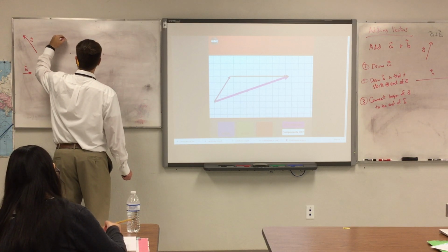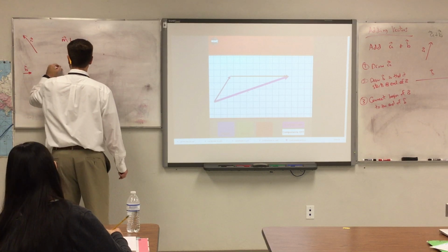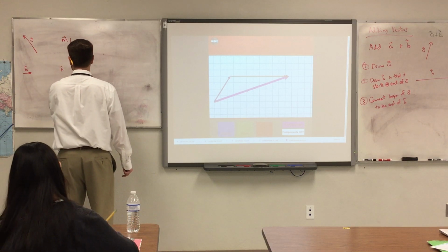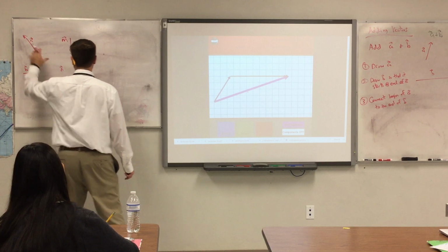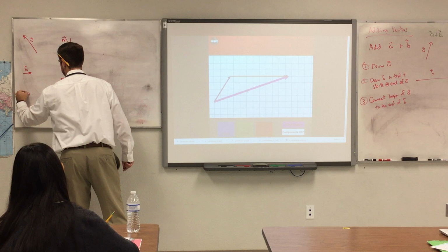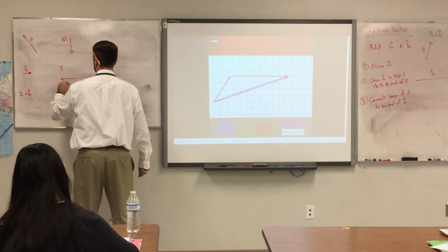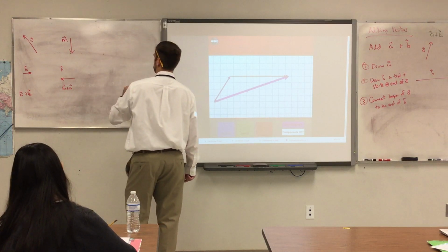Then we've got vector M, which is going to be straight down, and vector N, which is going to be straight to the left. We should add those 2. Figure out what A plus B is. Figure out what M plus N is. Should take you about 30 seconds on each one of these tops.